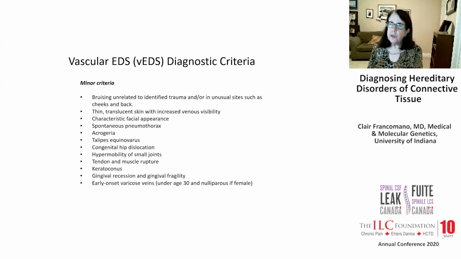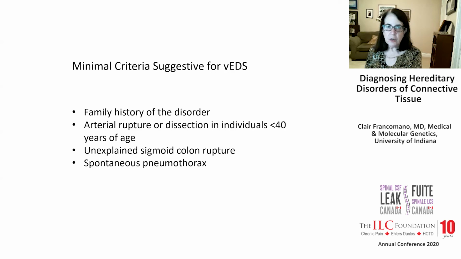And there's a long list of minor criteria for the vascular type of Ehlers-Danlos syndrome as well. But truly, to make a diagnosis of vascular Ehlers-Danlos syndrome, you want to think about these minimal criteria that are suggestive for VEDS.